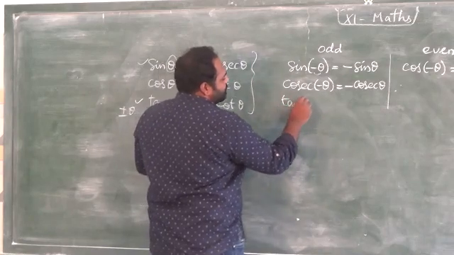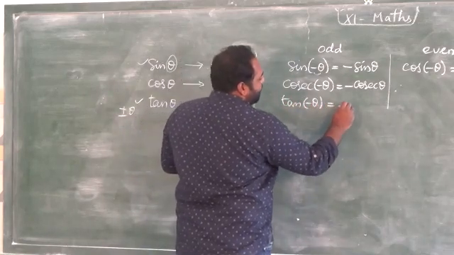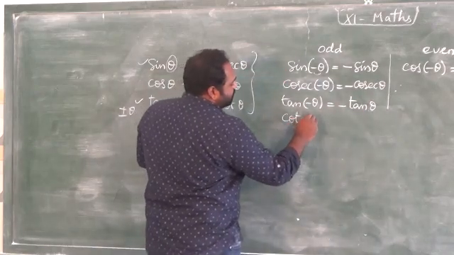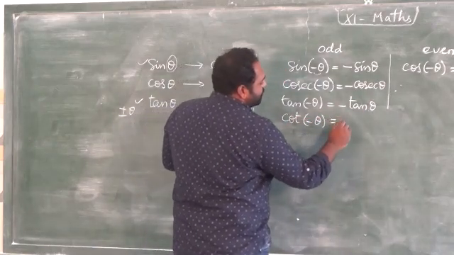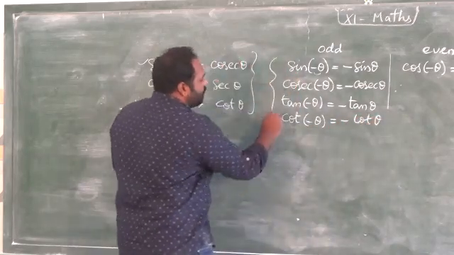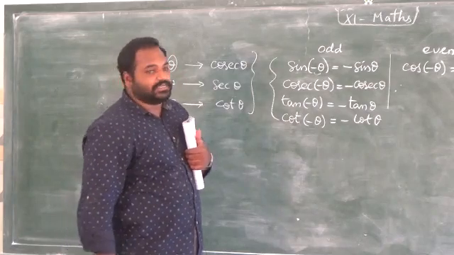And tan of minus theta will become minus tan theta. Then cot, the reciprocal of tan, also gives minus cot theta. These 4 are called odd functions.